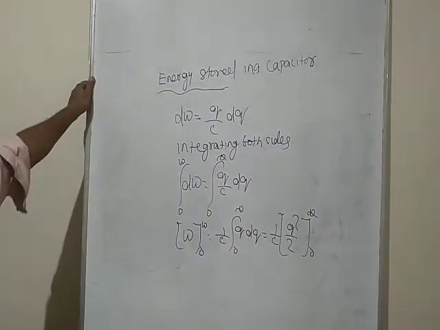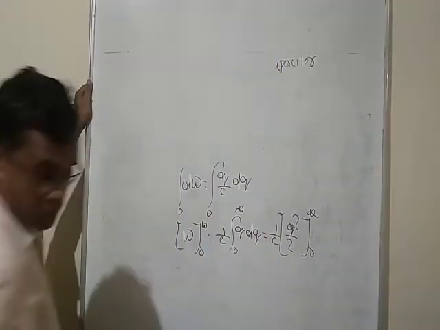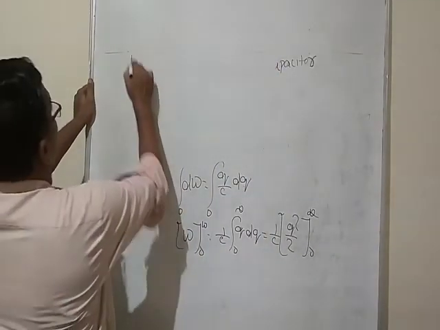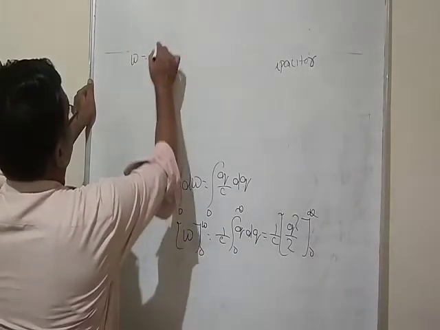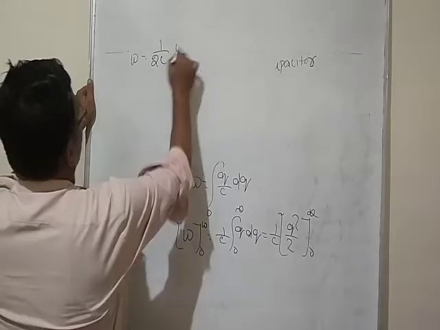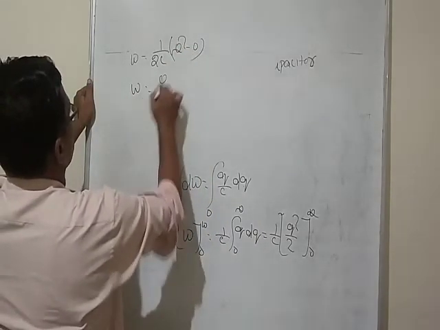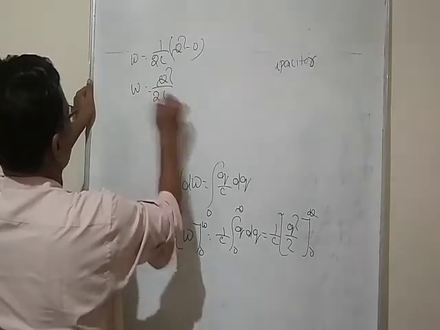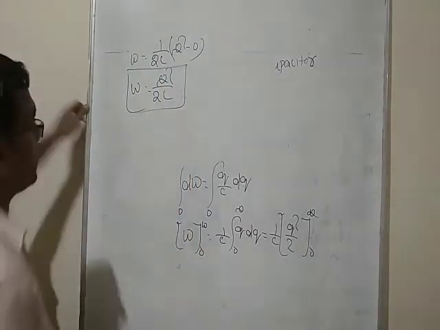So W is equal to 1 by 2C Q square minus 0. So W is equal to Q square by 2C. This is the energy stored in a capacitor.